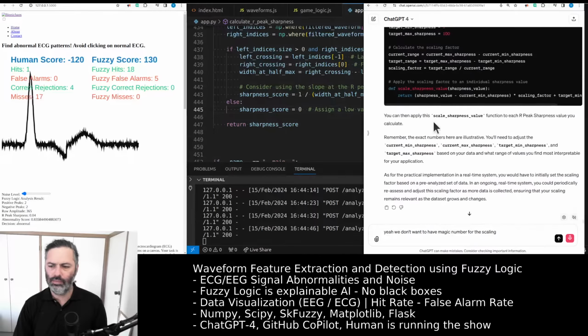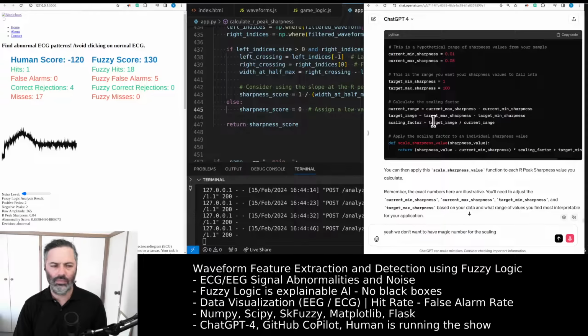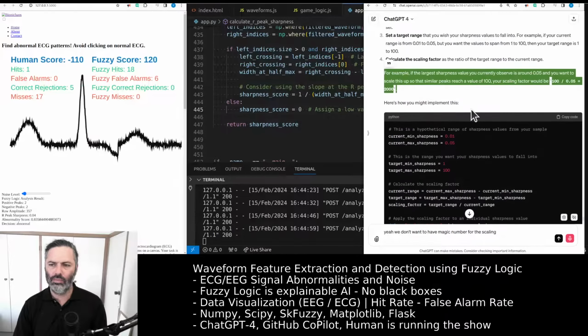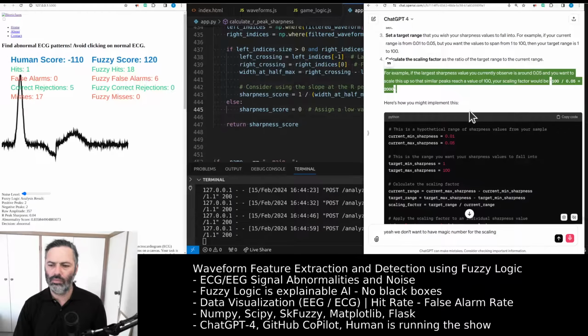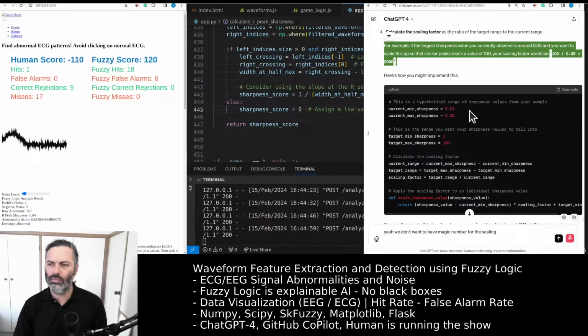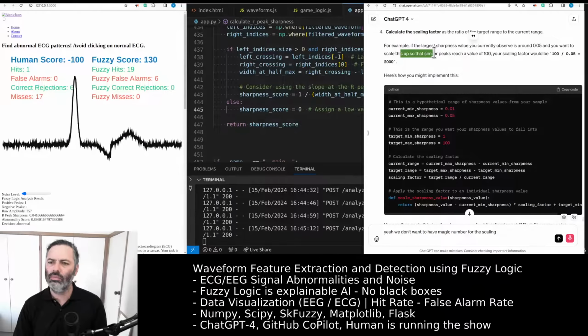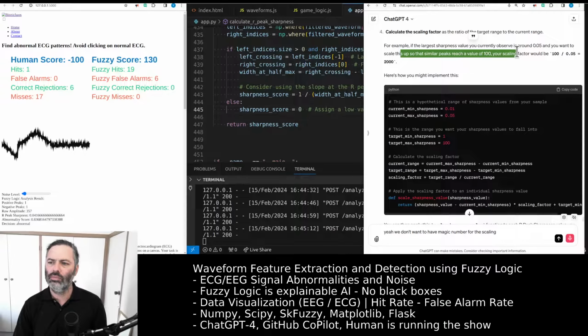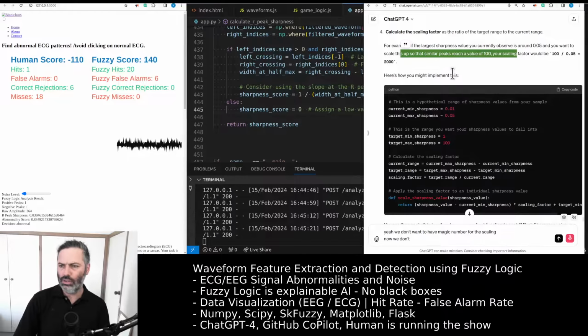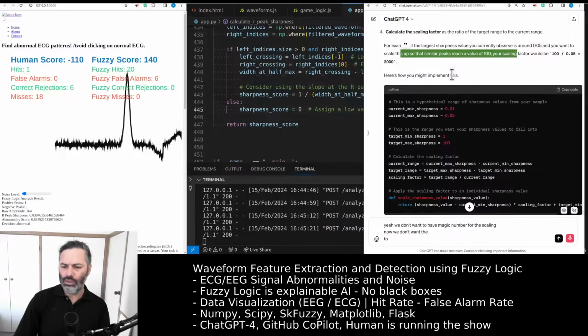For example, if the largest sharpness value you currently observe is around 0.05 and you want to scale this up so that similar peaks reach a value of 100, your scaling factor would be 100 divided by 0.05 equals 2000. Now we don't want the 2000.